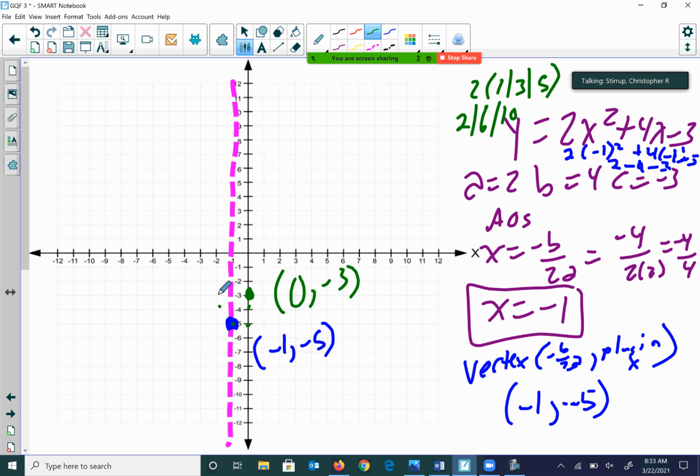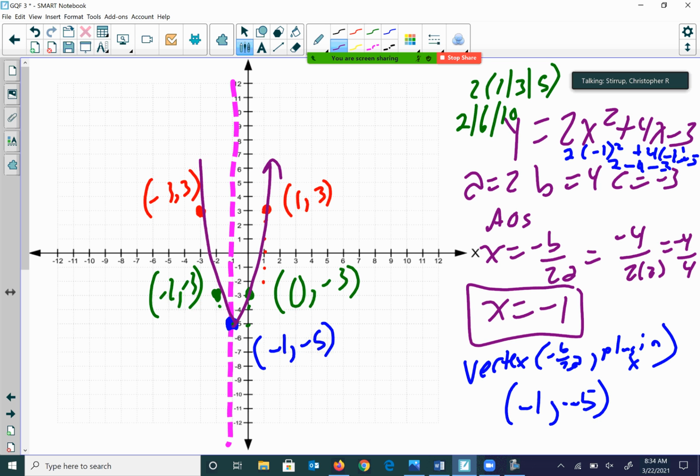If I go left 1, up 2, I get to negative 2, negative 3. And if I go right 1, up 6, 1, 2, 3, 4, 5, 6, I get to 0, comma 1. Left 1, up 6, get to here, which is negative 2, comma 1. And then I have my parabola.